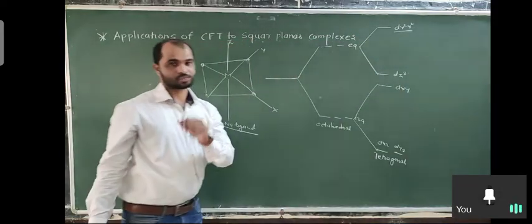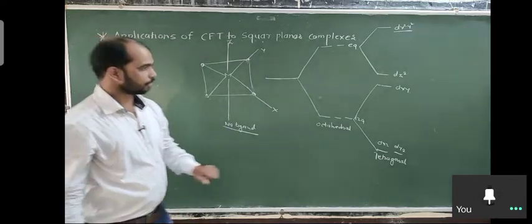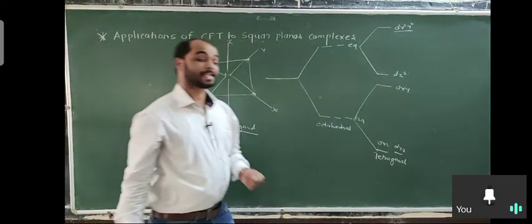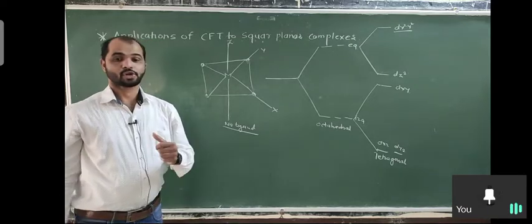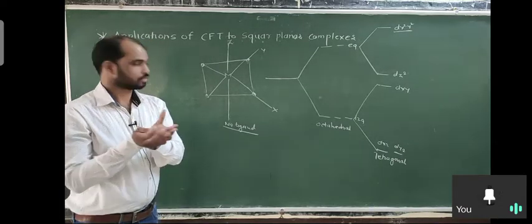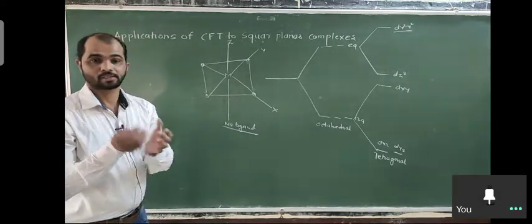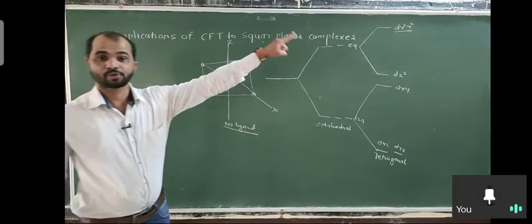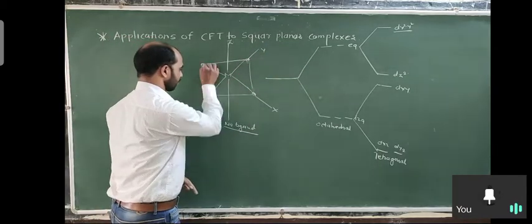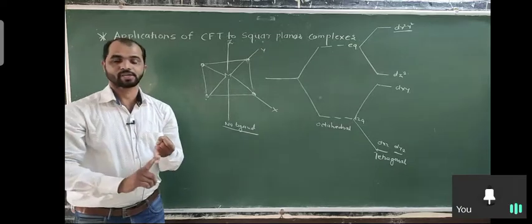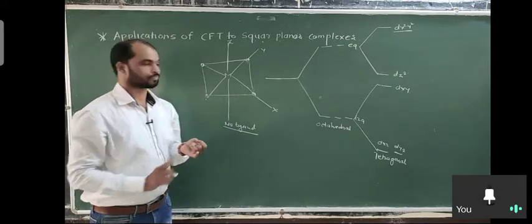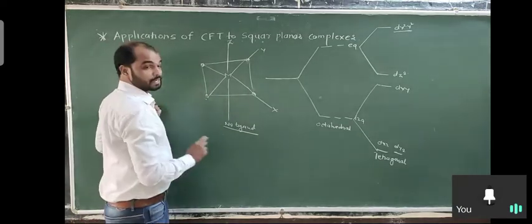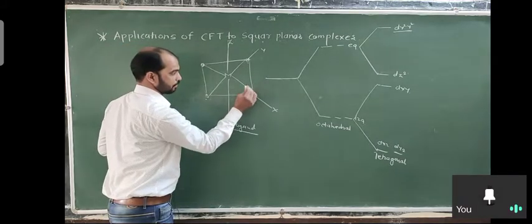dx square y square. Okay, which orbital is there? It is dxy. That means which orbitals are more likely close to the ligands? The orbital dx square y square, because the ligands are directly here. So dx square y square interacts directly. Where is the dxy? Dxy is here, between these two.